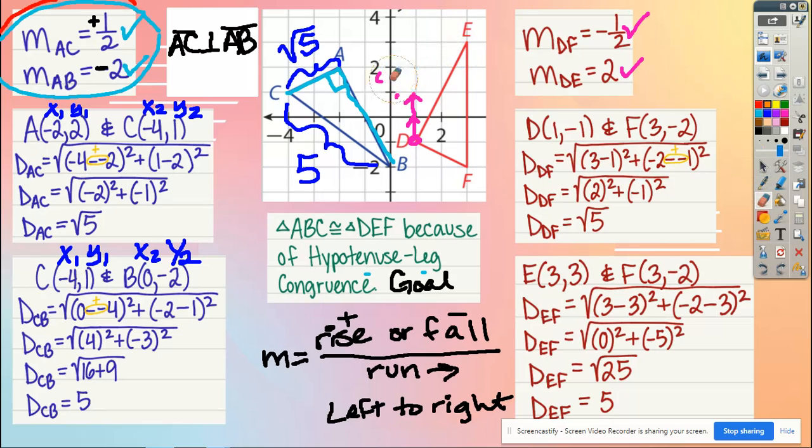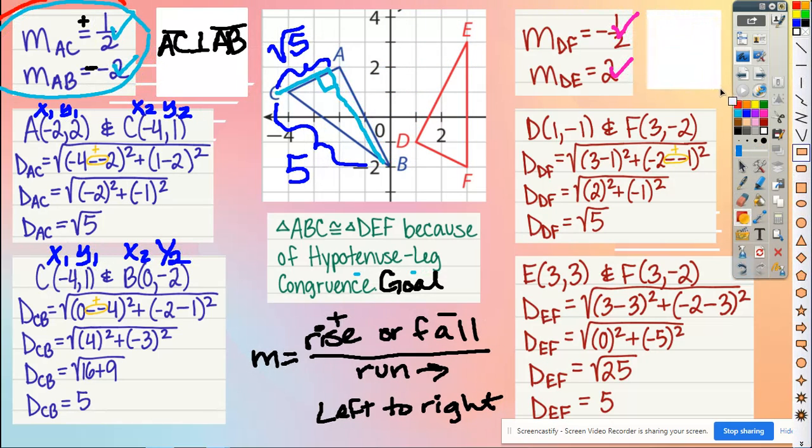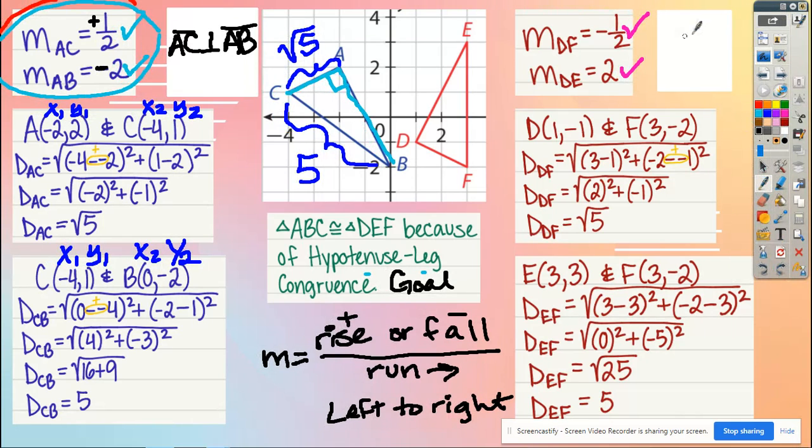Then I think to myself, are those opposite sign reciprocals of each other? They are. So I can safely say that DF is perpendicular to DE, which means that I can do this. I'm going to trace it over again to show you which ones we found.